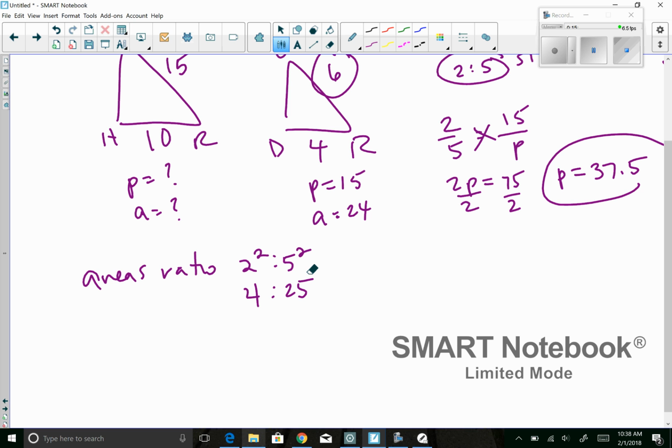So if the ratio of the area is 4 to 25, and the smaller area is 24, I can figure out the bigger area by solving this problem. So we get 4a equals 25 times 24, which is 600, divide by 4, and I see the area winds up being 150.